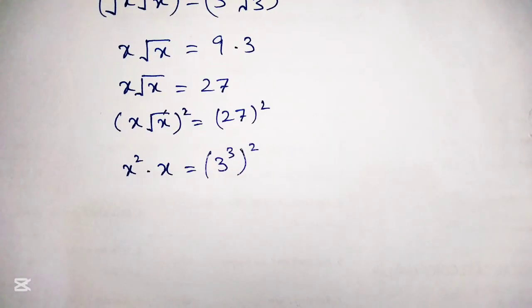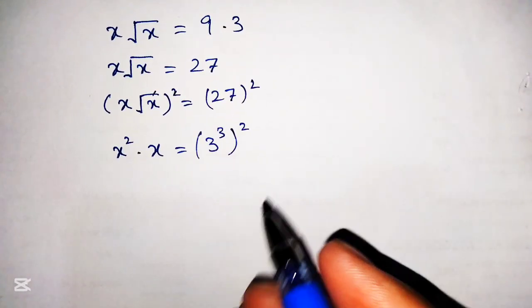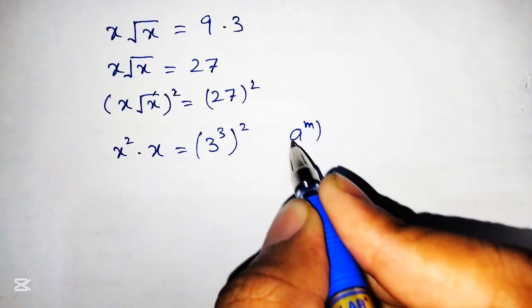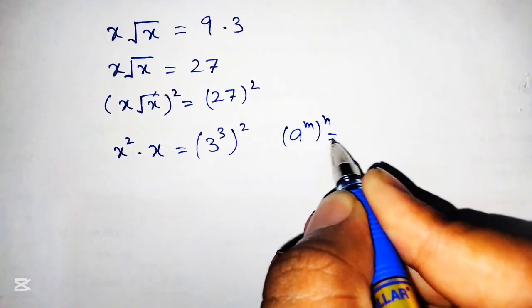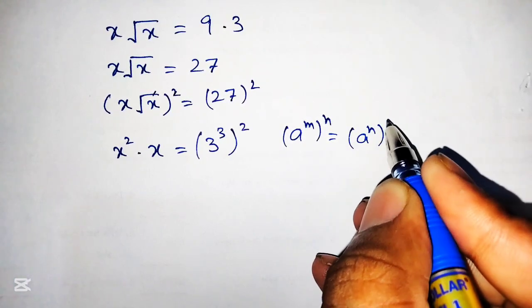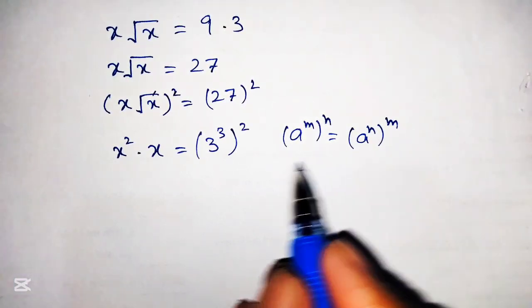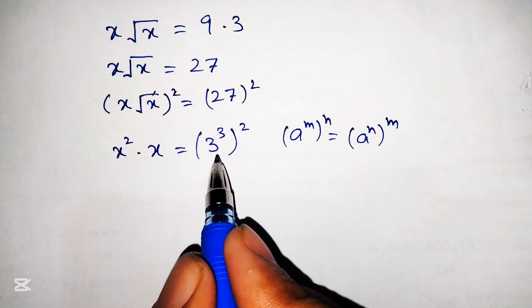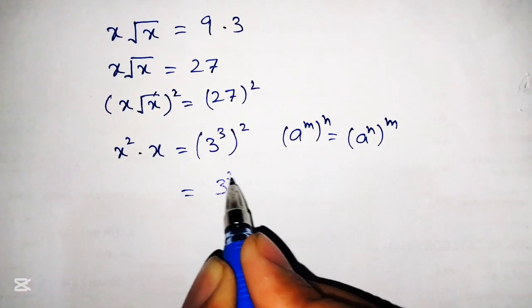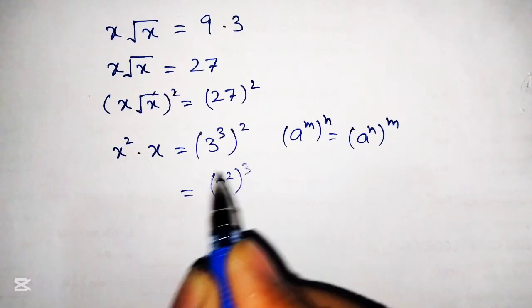Now here we will use two basic mathematical formulas. The first is: if we have a raised to power m, whole raised to power n, then we can shift the power as a raised to power n, whole raised to power m. We will use this formula here to write this right hand side as 3 raised to power 2, whole raised to power 3.